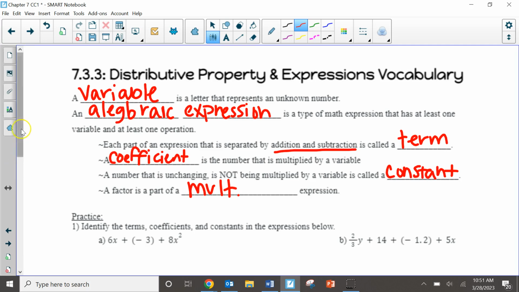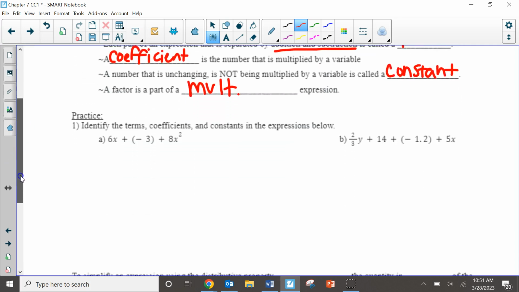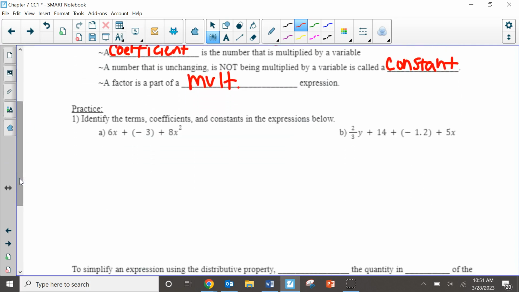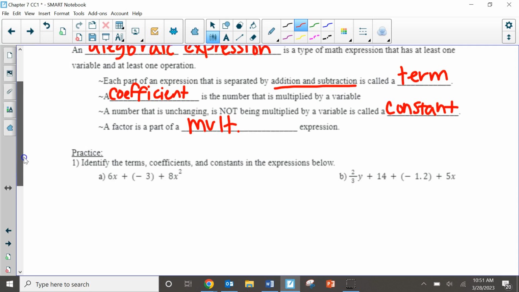So let's go ahead and work on identifying those, looking at these expressions. Identify the terms, coefficients, and constants in the expressions below. So the terms are what build your expression, okay?